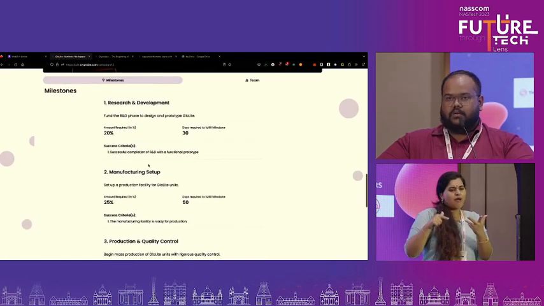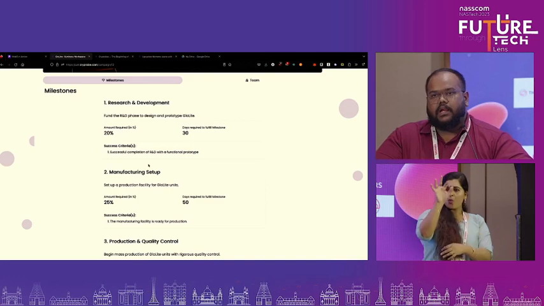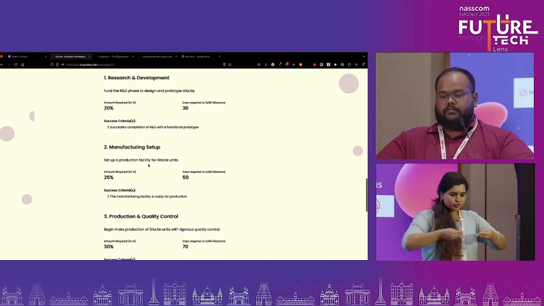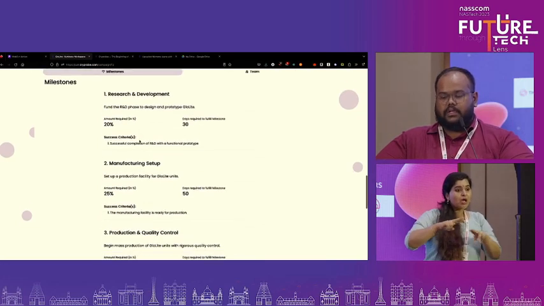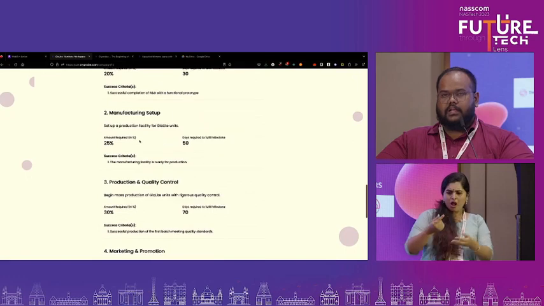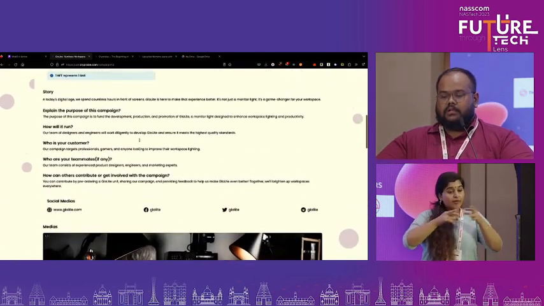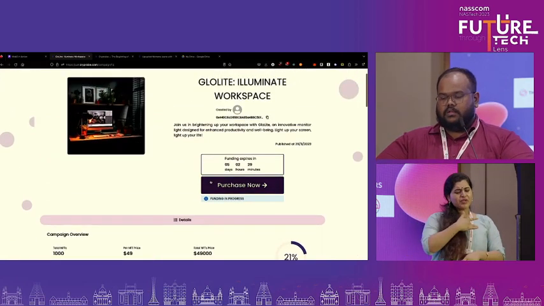And there are milestones. Never does the entire fund get transferred to the creator; the funds are transferred in milestones. You can see the creator says he needs 20% of the fund for the R&D process, 25% for the production facility, and 30% for mass production and so on. If you feel this is a product you want to invest in, click on purchase now.